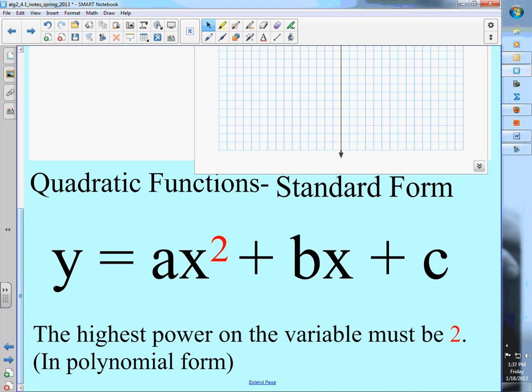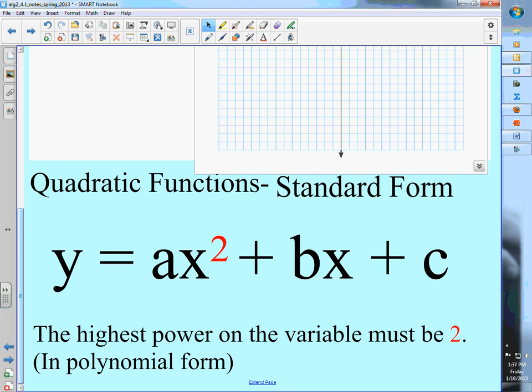This is called standard form for a quadratic. Remember, the way you can tell you're dealing with a quadratic: if you multiplied everything out, got rid of all your parentheses, and the highest power on your variable is a 2, then you have what we call a quadratic function. This one happens to be presented to you in standard form.